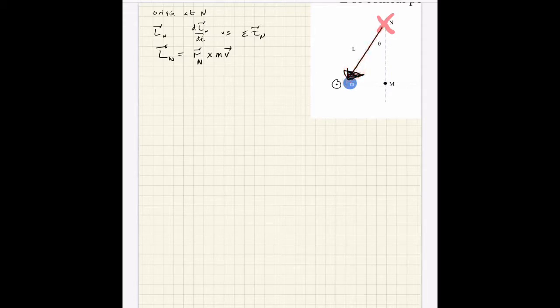And here it is. This is going to be my R sub n. Now, clearly, I can write that as an addition of this vector plus this vector. And you should note that this is just R sub m that I had before, right? This is the same position vector that I had when my origin was at m.